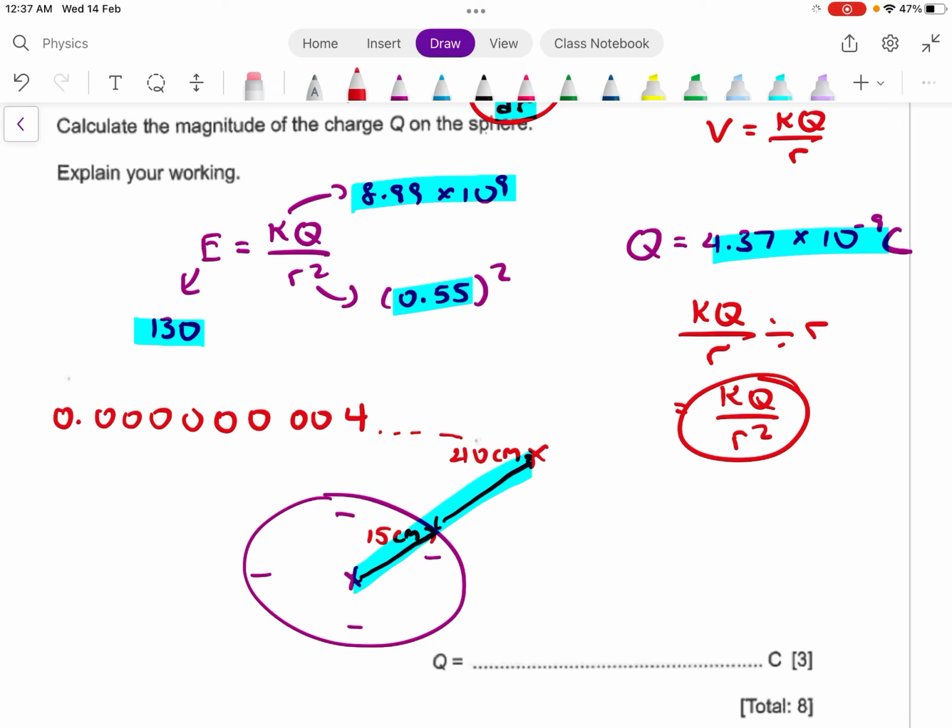You need to be careful, because if you put 4 times 10 negative 9, you will be wrong already. So you just times 10 to the power 9, and you realize that there are some numbers at the back, about 4.37. So just take note of this. For the final answer, you should get 4.37 times 10 negative 9 coulomb. That is how you do this 2023 A-level question.